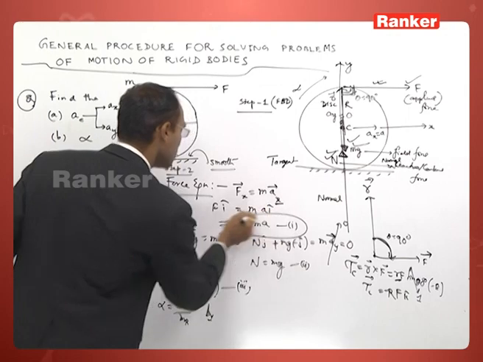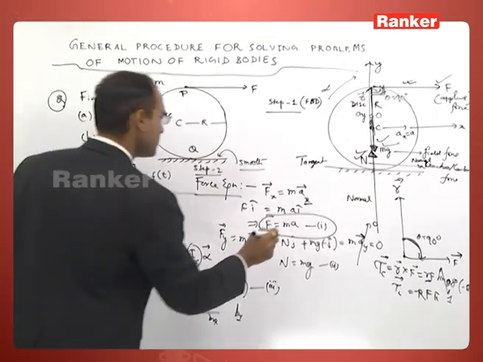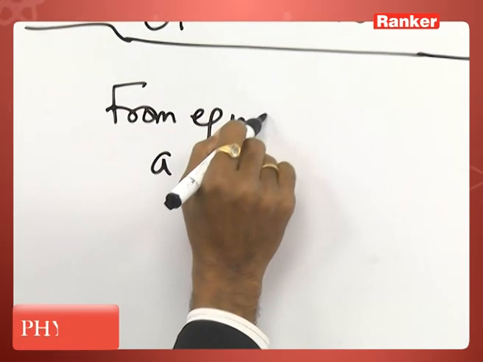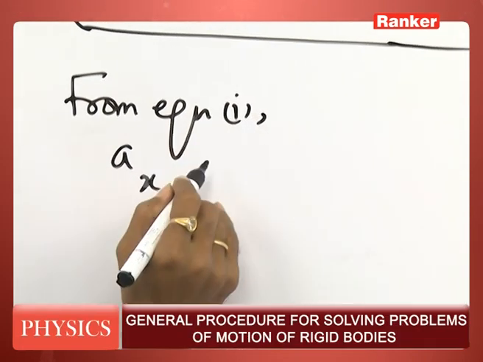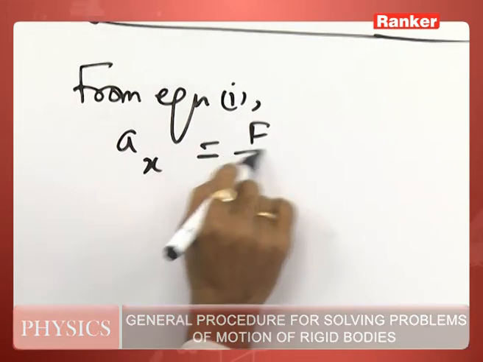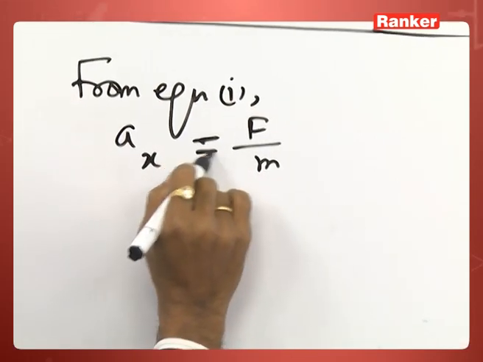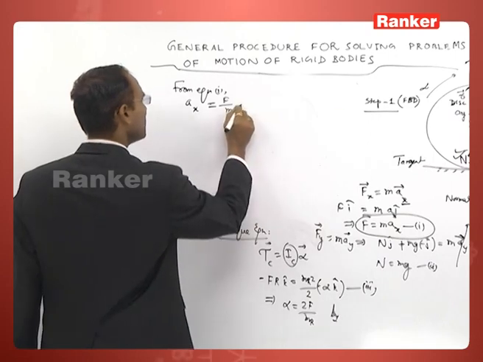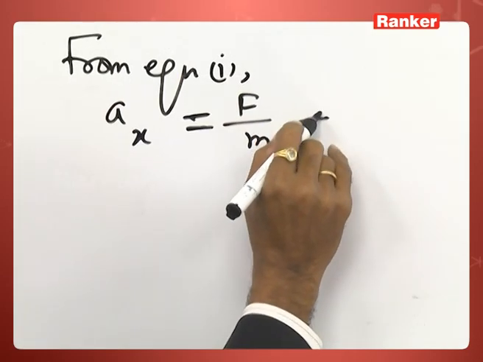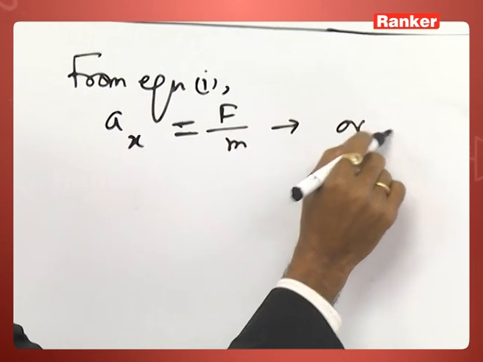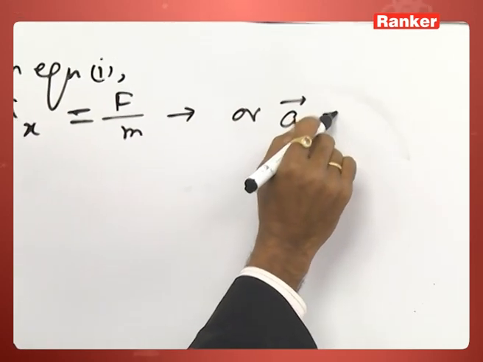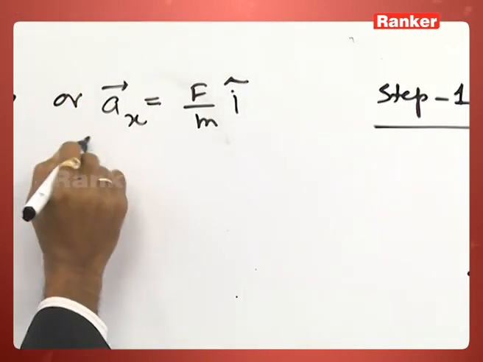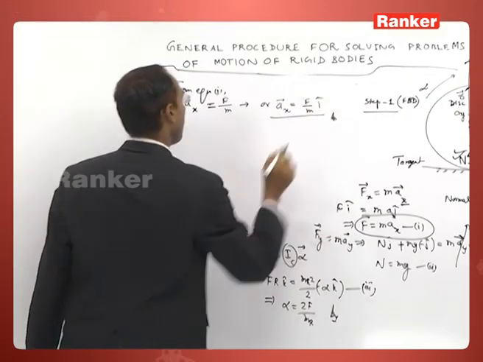From equation 1, we can write a x is equal to F by m. Since we are getting a positive result, our assumed direction is correct, that is in this direction. Or we can just write a x is equal to F by m i cap. Answer. And what is a y?